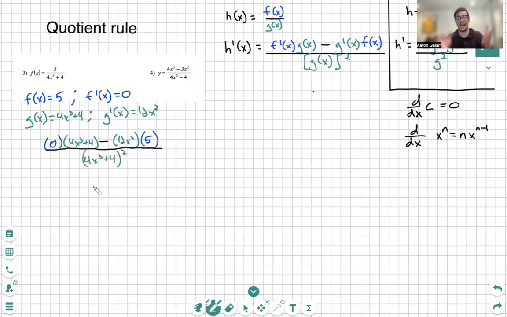That's it. That is the derivative. After that, we're going to be doing algebra steps to make sure we can clean this up appropriately. A lot of teachers will allow you to keep this like this.